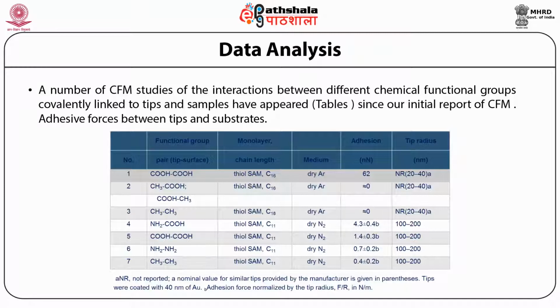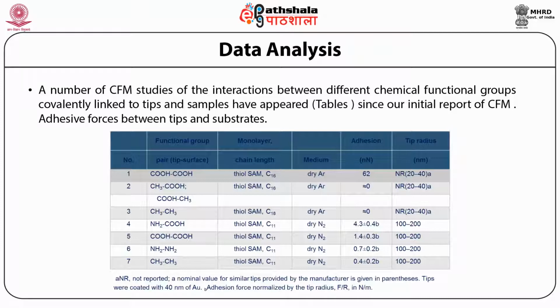For example, for the first one, which is an acid, COOH and COOH groups, we have a monolayer with a chain length of thiol SAM C16. The medium is dry here, the adhesion is 62 units, and the tip radius has also been given here.